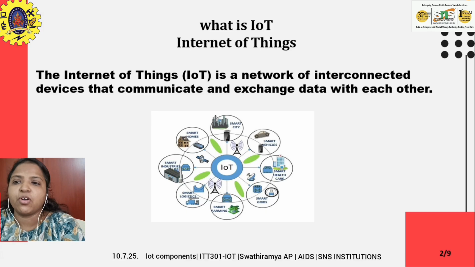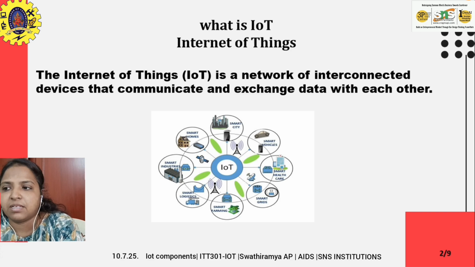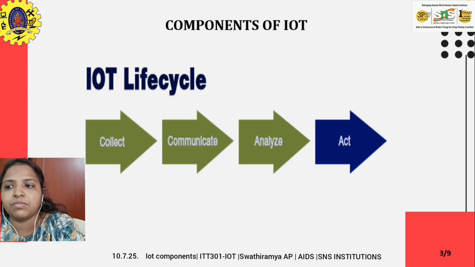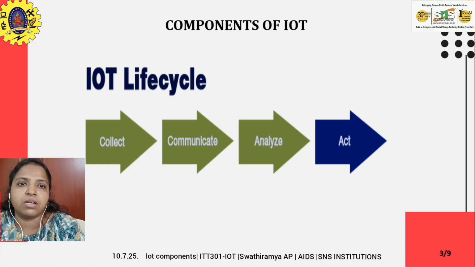Let's discuss the components of IoT. As I told you before, IoT is a connection of devices. The devices can be real-time things, a vehicle or an object, any kind of device which should be embedded with a sensor, and should have the support of software and also network connectivity. We connect these n number of devices together for the purpose of communication. These devices should be able to communicate with each other without human interference.